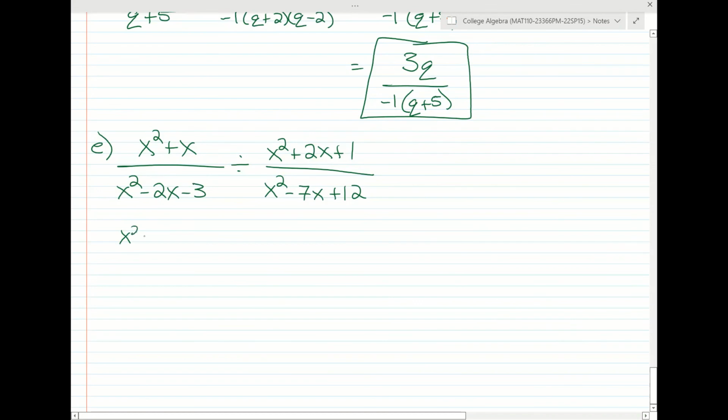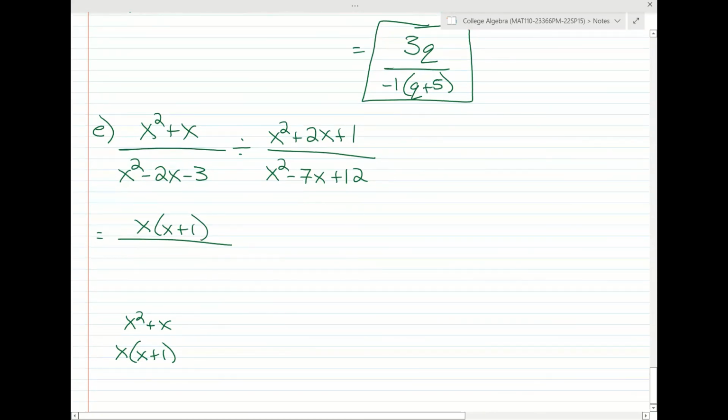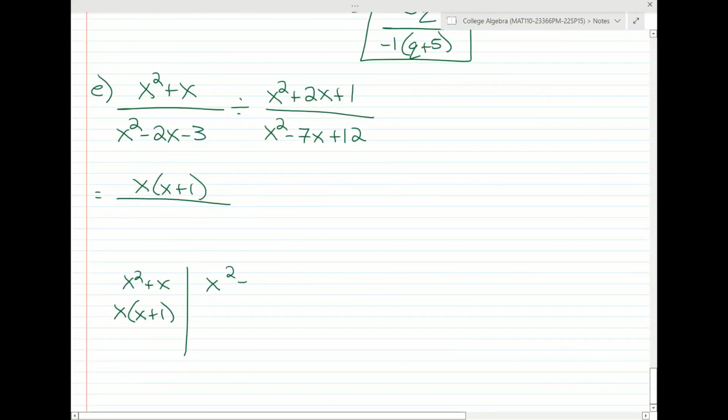So x squared plus x, take x out of that, so that would just be x times x plus 1. The x squared minus 2x minus 3: looking for numbers that multiply to be negative 3 and add up to be negative 2. So negative 3 and 1 would work.